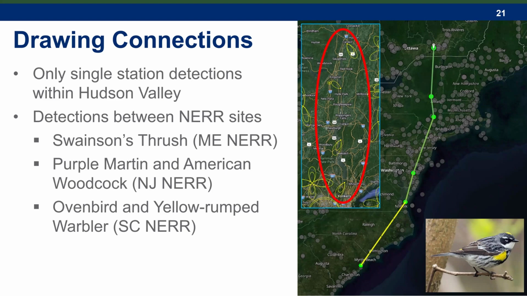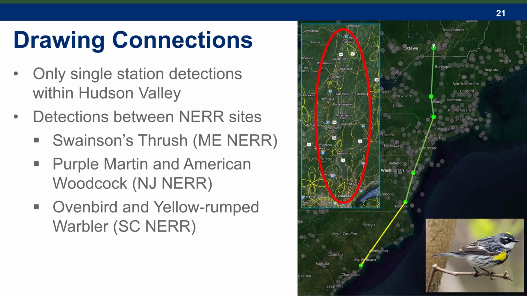We've started to try to piece together connections between our National Reserve Network. How can we bring our sites together, show that they're interconnected in many different ways? These are just a couple examples of some birds that have appeared at multiple of our reserve sites on the East Coast.